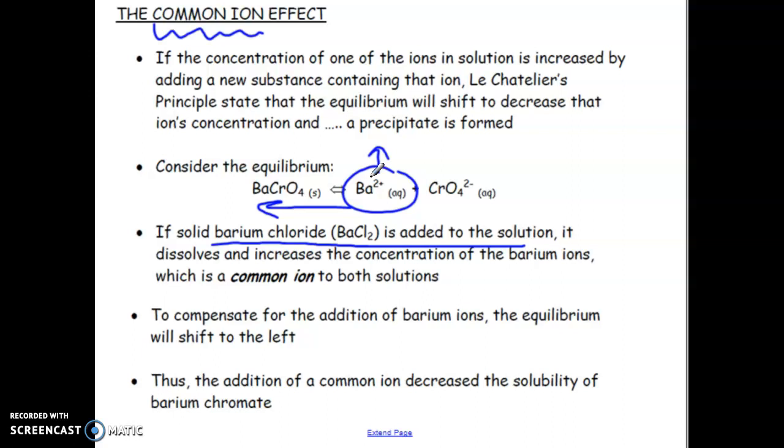So anytime you add additional ions of the same type, they have to be in common, you end up decreasing the solubility of that particular equilibrium, just because it's now going to crystallize out more because you have added in more of that ion.